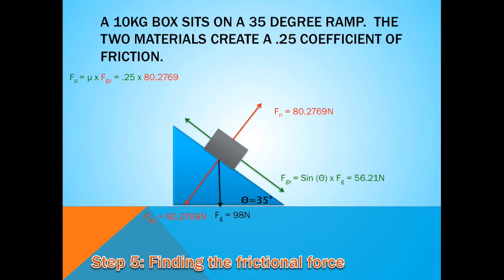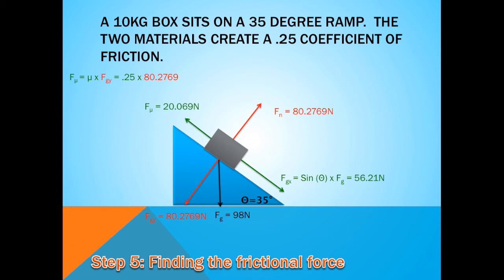It's the y force of gravity that's actually in contact with the ramp. Remember, a certain portion of the force of gravity is being pushed into the ramp, and the other portion is pulling down along it. That's why we have our FGX and our FGY. So it's our FGY that makes contact with the ramp. We say it's 0.25 times 80.2769, and when you punch it in your calculator, it should give you a frictional force of 20.069 newtons.